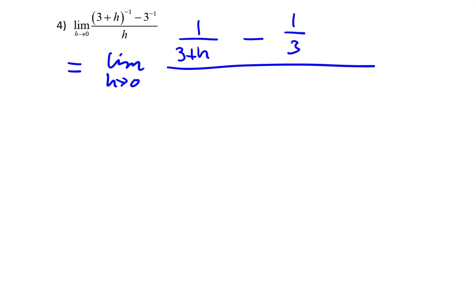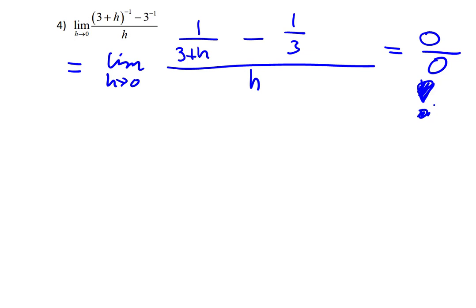That's just using the negative exponent rule. And it's all still over h. Well, if you try direct substitution here by plugging in 0 for h, in the numerator you're going to get 1/3 minus 1/3, which is 0, and in the denominator you get 0. Again, 0 over 0 is a problem motivating us to do more. This is an indeterminate form.